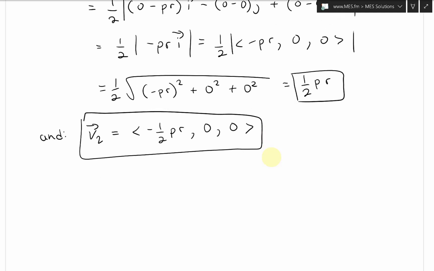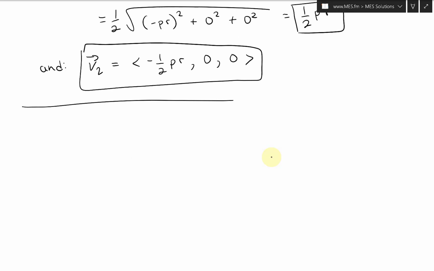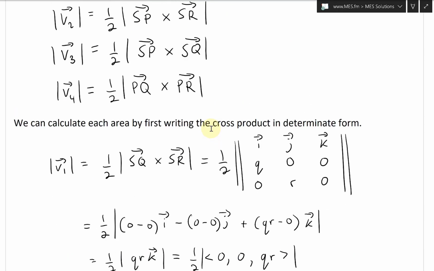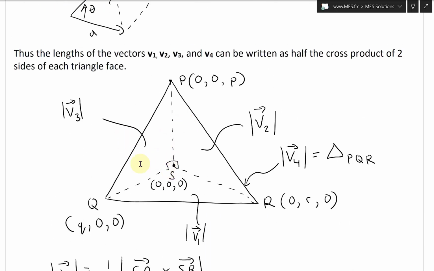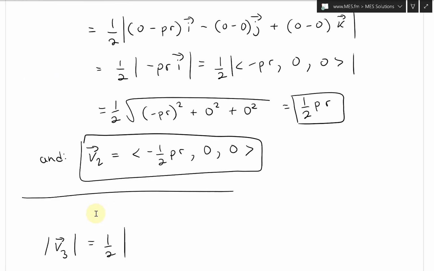And now the next one is V3. All right, so let's do the length of V3 is going to equal to 1/2 the cross product of, well, SP and then SQ. So that's V3 is over here, so SP and then SQ. Let's write this down.